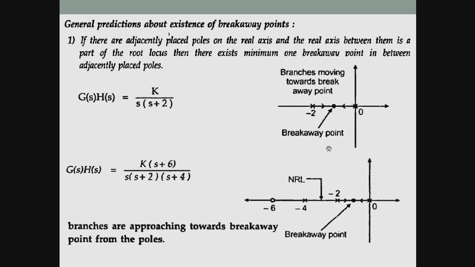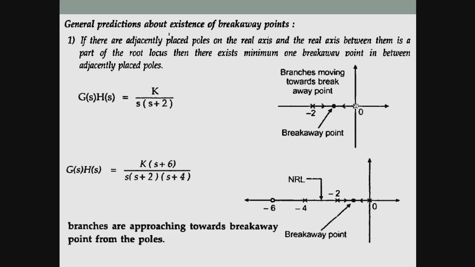As I said, we have seen how to calculate the root locus. If I want this area to be on the root locus, we have to check from this side that the summation of poles and zeros should be an odd value. Then it will be on the root locus. Here, if I take from here, it will be only one value, hence this value is on the root locus.